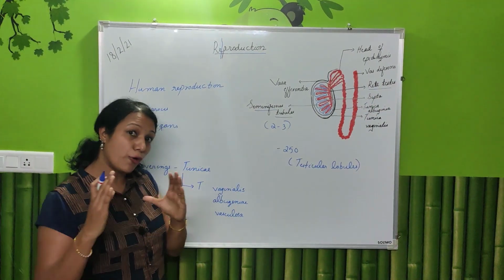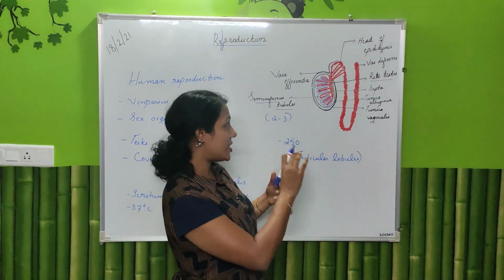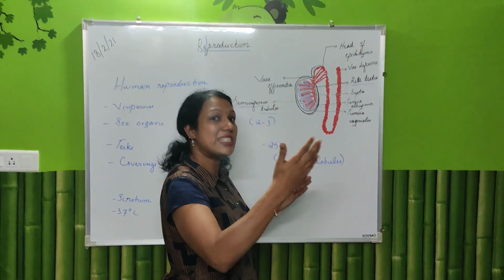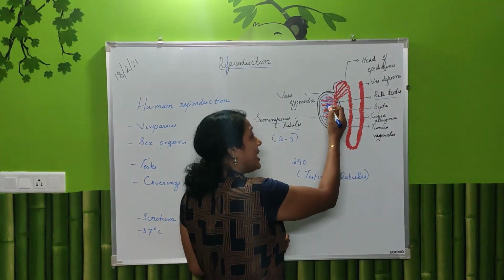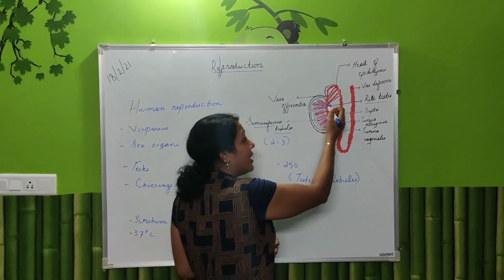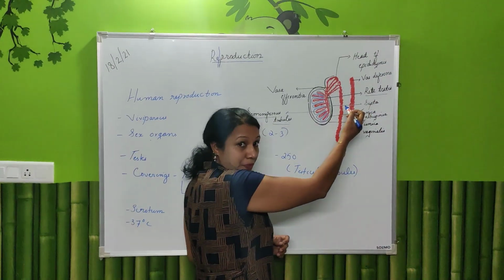That's the order of the accessory ducts. But look at the structure. I just want to explain the structure, because regarding accessory ducts we will study later. So the testis is divided into 250 compartments. In each compartment we have 2 to 3 seminiferous tubules. On one side the seminiferous tubules are connected with rete testis.